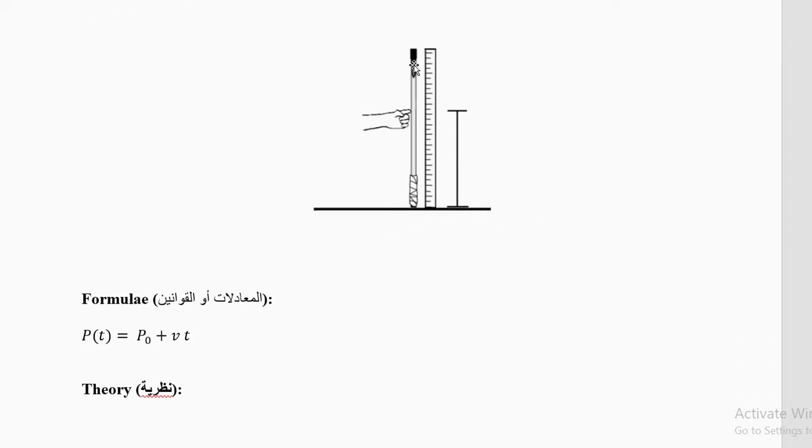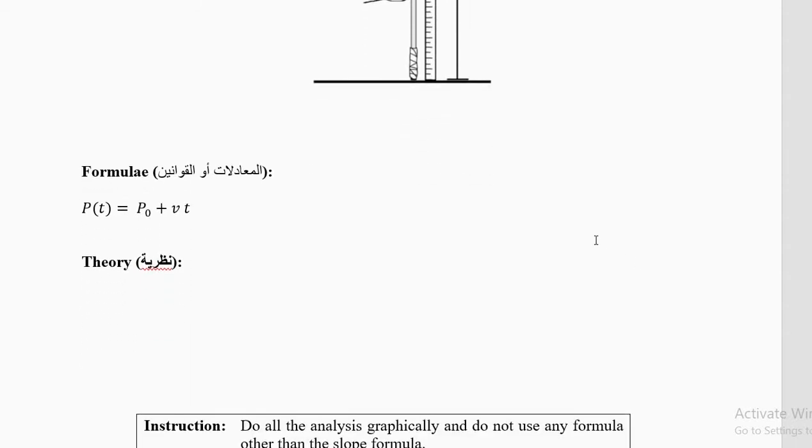Now this is your glass tube vertically held with the help of a stand, which is not shown in the picture, and this is your meter scale. Now what's the formula? The formula is the final position is equal to initial position plus speed into time, or velocity into time. We know the direction, so we'll use both the words velocity and speed in this case.